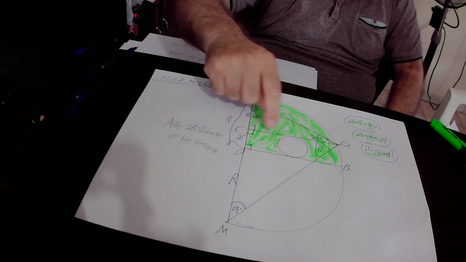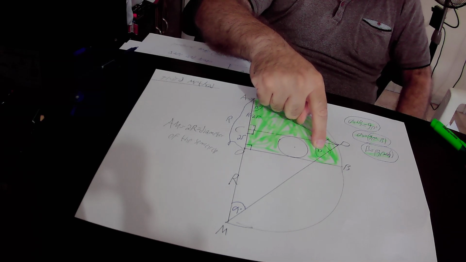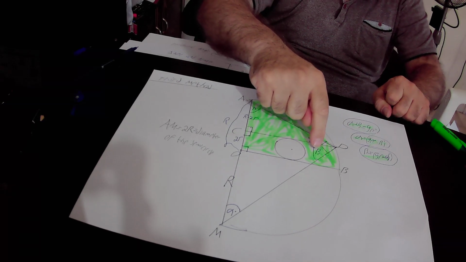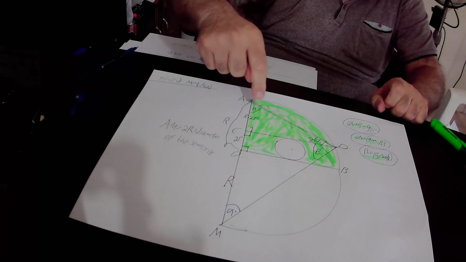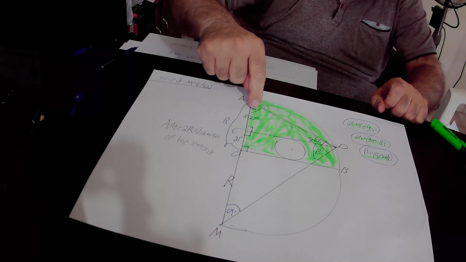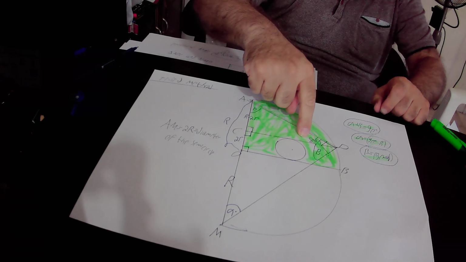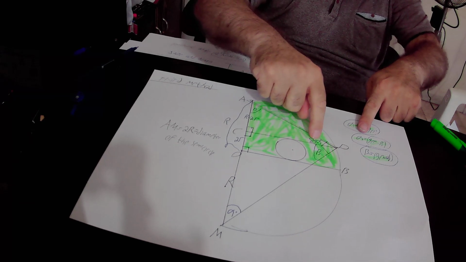This angle equals 90 degrees, therefore this angle must be 90 degrees minus alpha, but that is beta, so we substitute beta. In the right triangle ACD, this angle equals 90 degrees, this angle equals beta, therefore this angle must be 90 degrees minus beta, which is alpha.